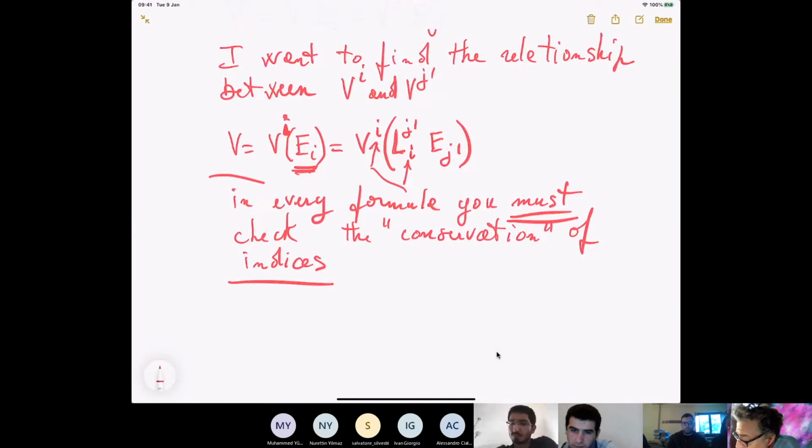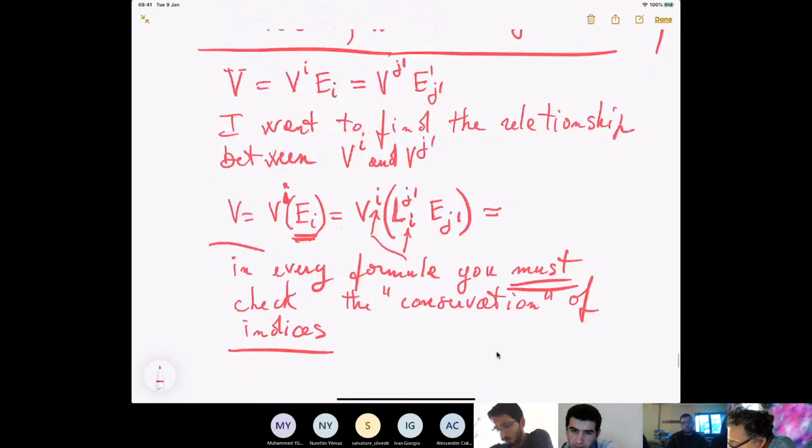Okay, so this is also equal to V'^{j'} E'_{j'}. You have remarked that I am systematically forgetting to place E prime here.